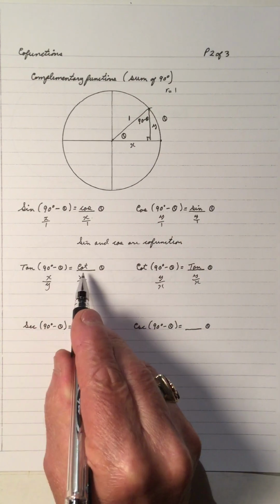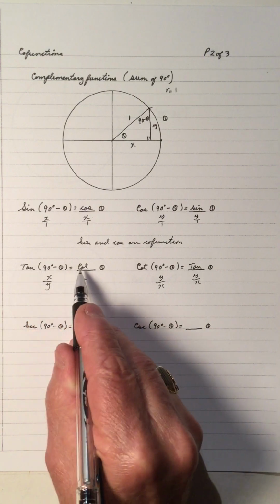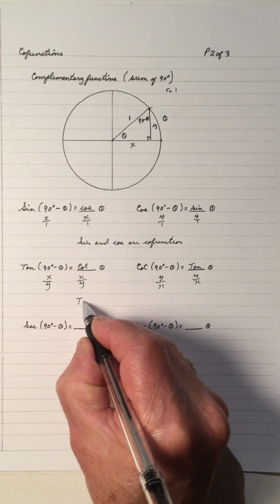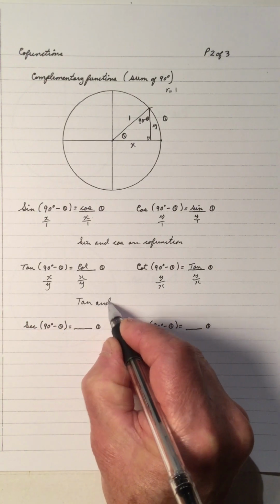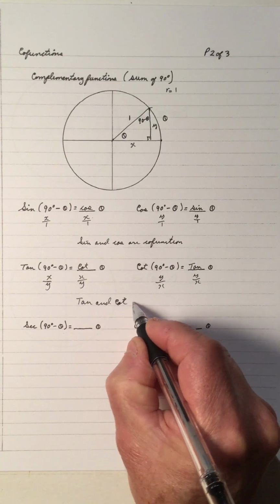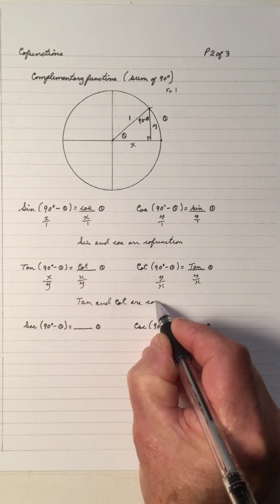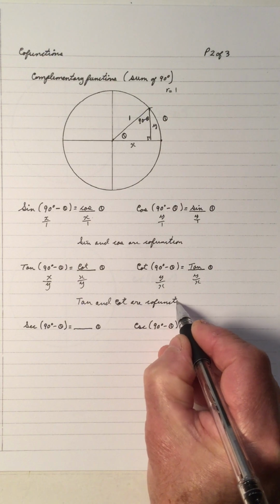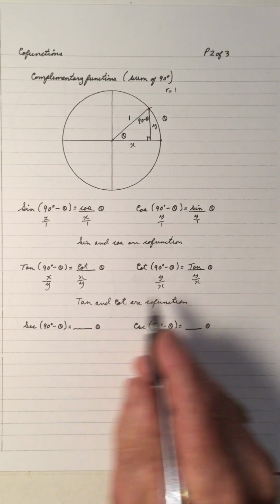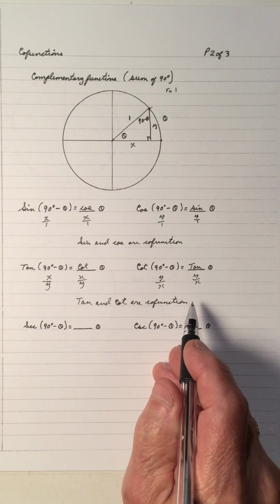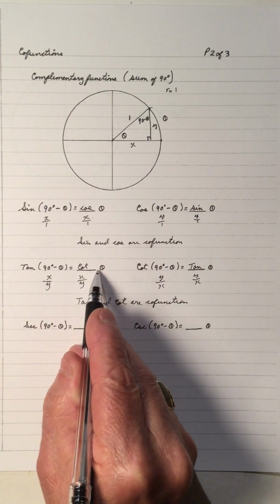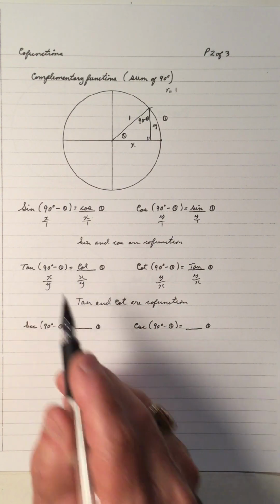So tan and cot are cofunctions of each other. So sine and cos are cofunctions, tan and cot are cofunctions.